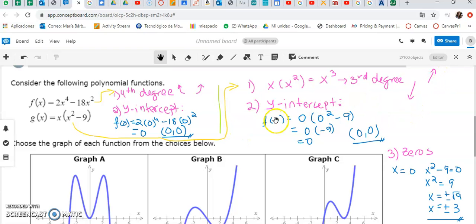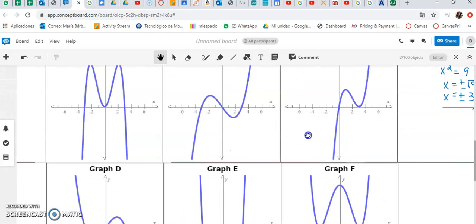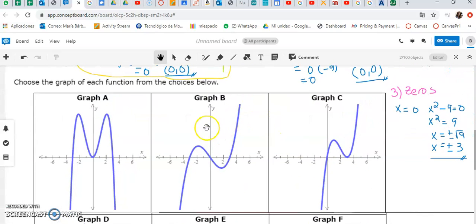Once we know that, let's see what we have here. We can identify that it could be graph B or graph C. But check, dear students, that both of them have the y-intercept at the origin. In graph B it is exactly at the origin, and graph C is a little bit to the left.